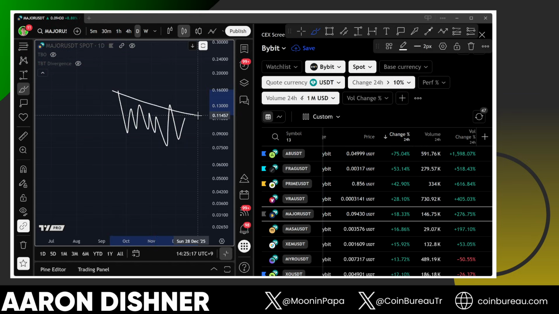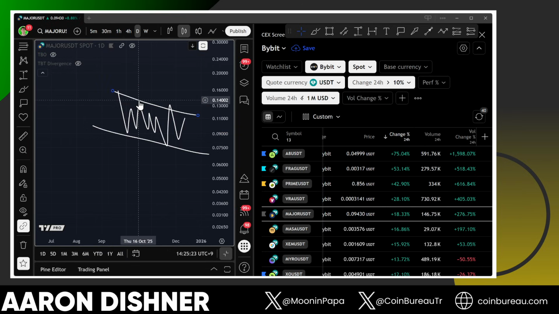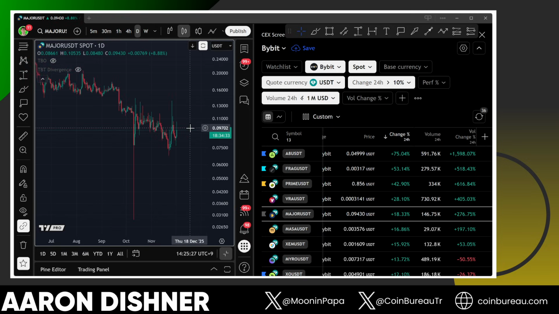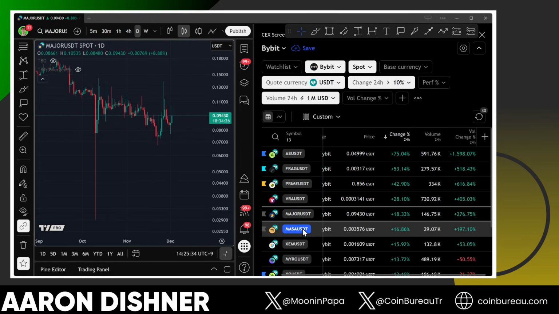We want to find volatility moving up and down in big percentages, ideally, and in a consistent range. That's really what we're looking for. It's not so much about the tech. It's not so much about the market cap. It's more about the shape. So all you have to do is put on your kindergarten clothes and look at charts. That's literally it. So Major is a good candidate.